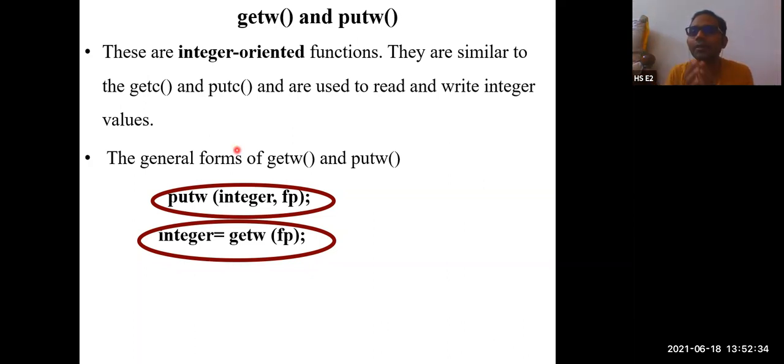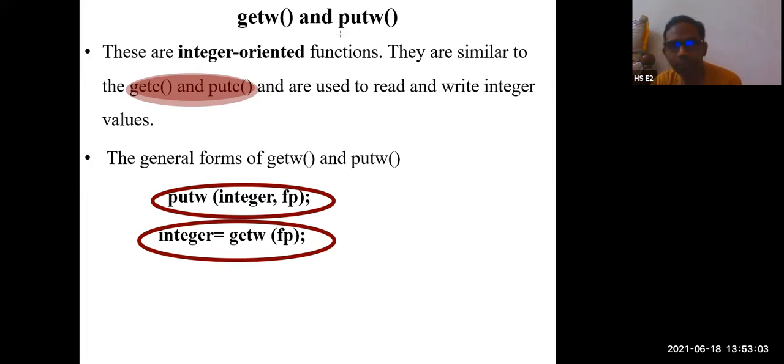Every character has an associated ASCII value, and that ASCII value will be stored in a file. When it reads back, the ASCII value will be read and printed in the form of a character. That is with respect to getC and putC. Whereas getW and putW are used to read and write only integer values. So let us see this difference.